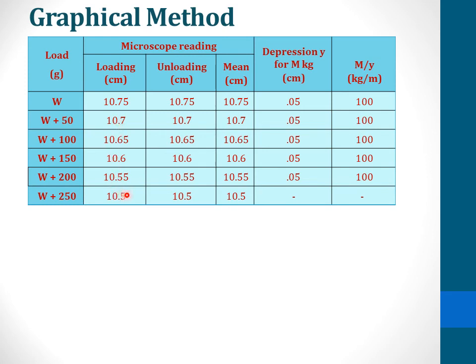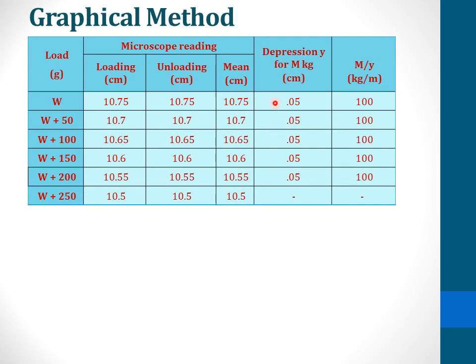The same procedure is repeated while unloading and the readings are tabulated in the tabular column as shown. The mean value of the loading as well as the unloading readings are noted down here, and from which we find out the depression y for a mass of m kg.